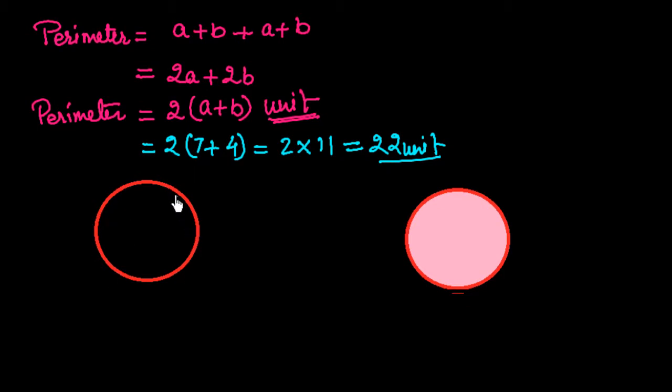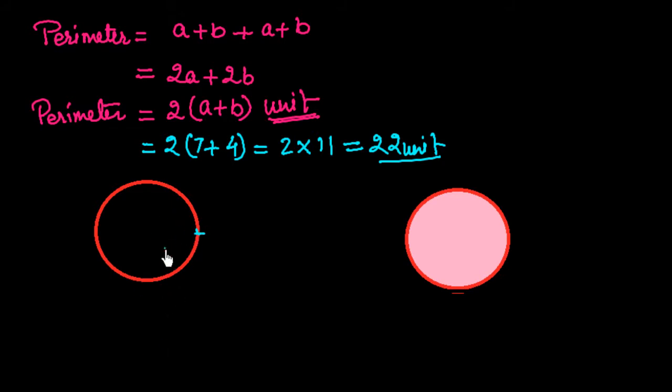So the circumference would be the length of this whole outer round figure. If we start from here, we have to measure this whole ring, and so we get the circumference.